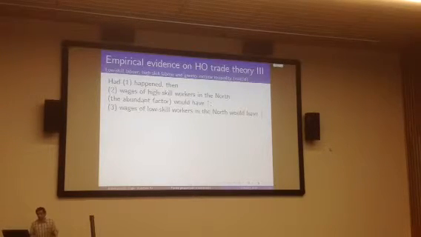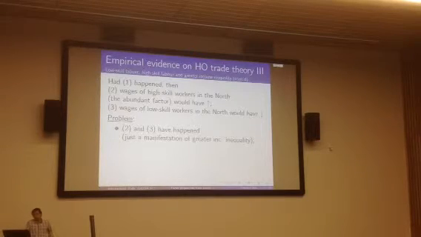Yeah? So the predictions definitely are that wages of high-skilled people, the abundant factor in the north, would increase. The wages of low-skilled people in the north would decrease. And of course, exactly the other way around in the south. Now, these two things have happened. Remember, the theory is all in terms of relative wages. So it may well be that wages of low-skilled workers have not really decreased substantially in real terms.